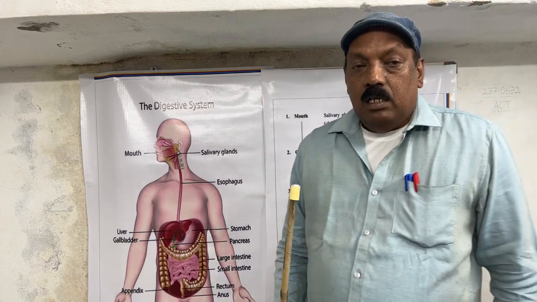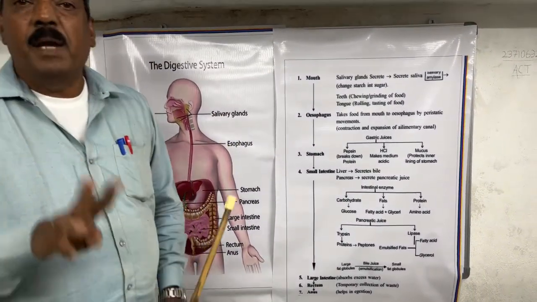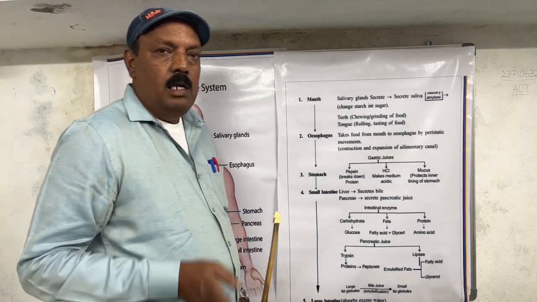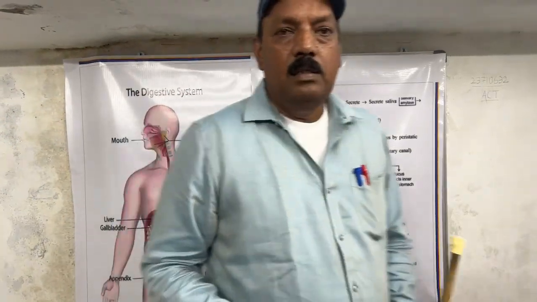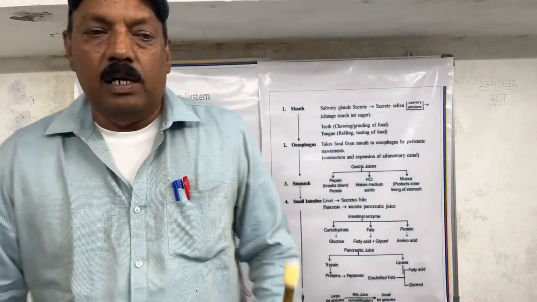After taking the food into the mouth, in the mouth you have 3 pairs of salivary glands: parotid, lingual, sublingual.